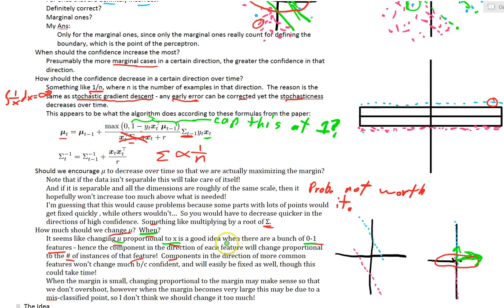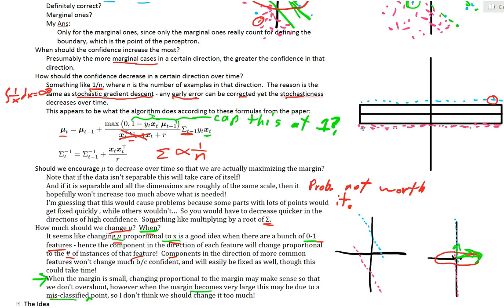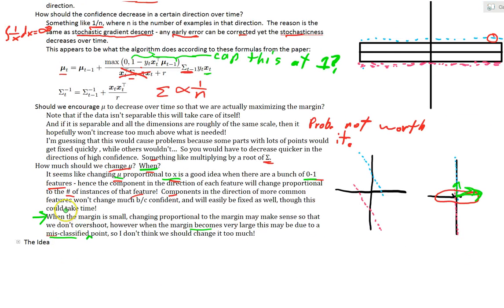Just an idea. Right, and so that was this second point here. When the margin becomes very large, maybe due to a misclassified training point, so I don't think we should change it too much.